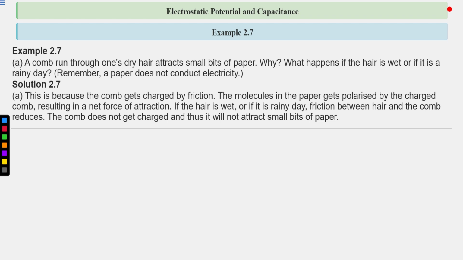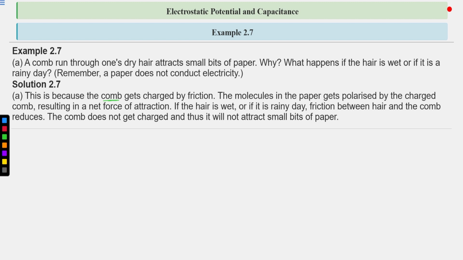It depends upon whether the electrons are transferred from scale to hair or hair to scale, so the polarity of charge will depend, but it induces charge due to friction on the comb. When this comb is placed very near to the paper, the paper gets polarized, meaning there is charge distribution or alignment of moments.